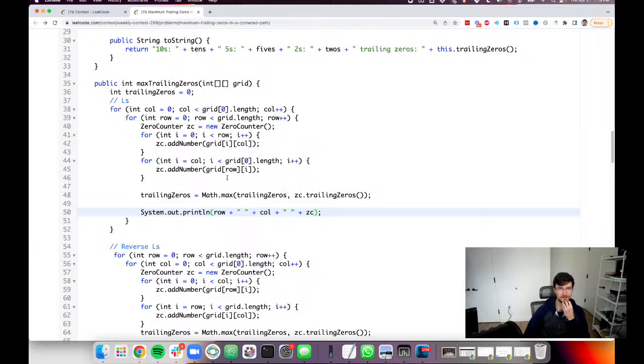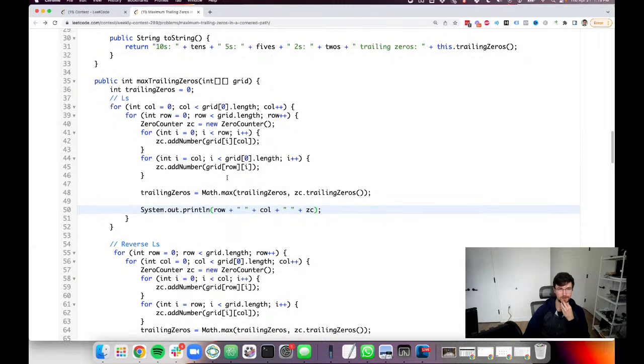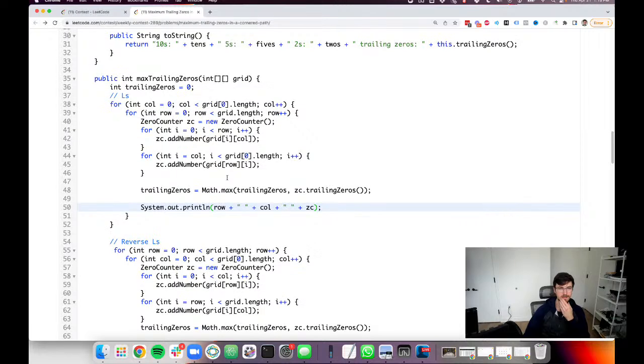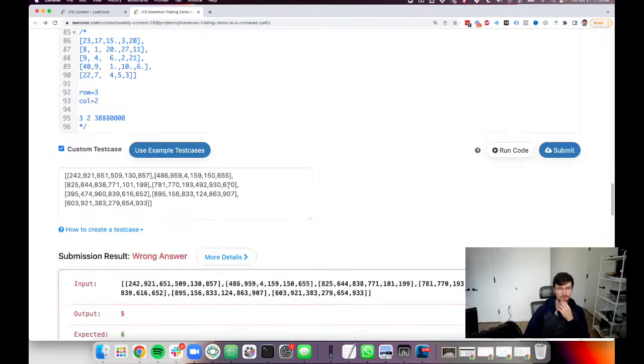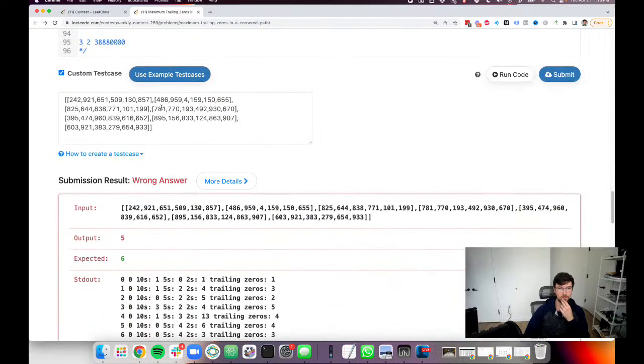Other than just walking through the code and looking for mistakes, or if we could figure out what the expected path for this should be, that would be helpful, because I don't know right now.